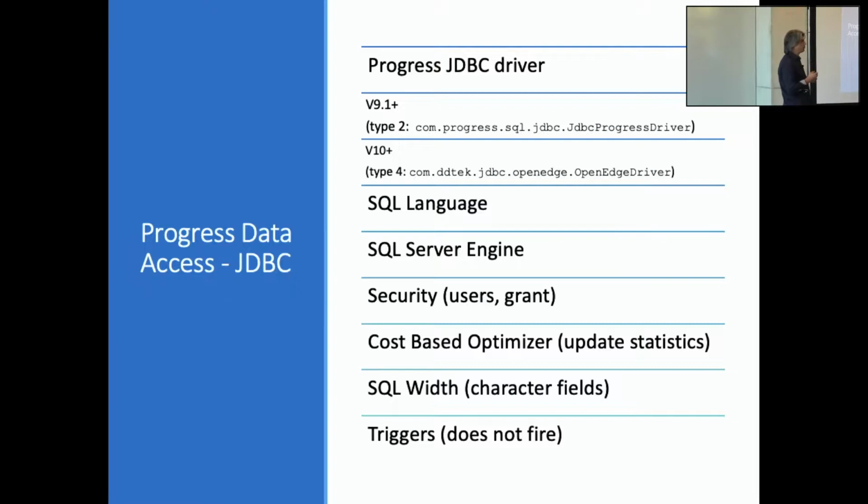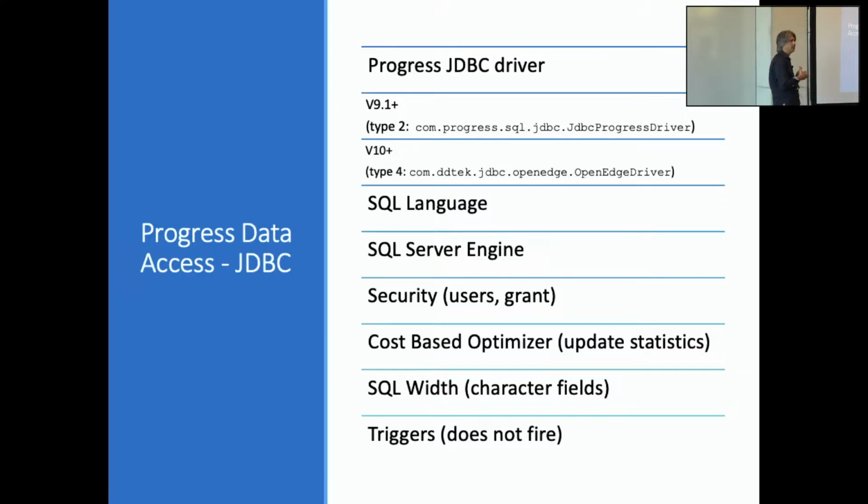Well, when you use JDBC, the language that you have to use is SQL. So that means that you have to start the SQL engine for the database. You have to grant security, create users, and make sure they don't have the right to mess up your data. One thing that you have to be aware of is that the SQL engine is using a cost-based optimizer.